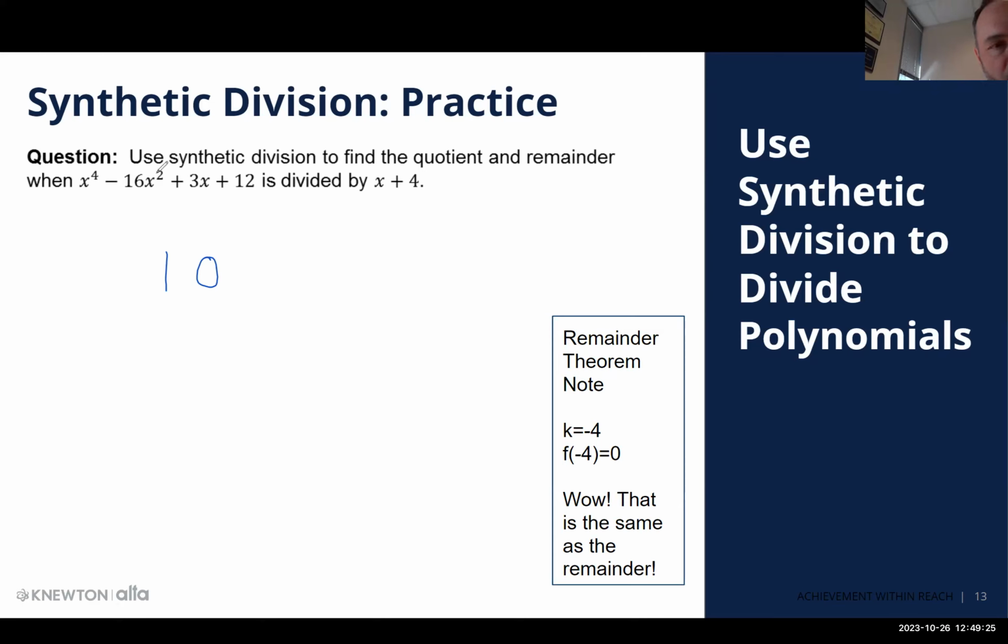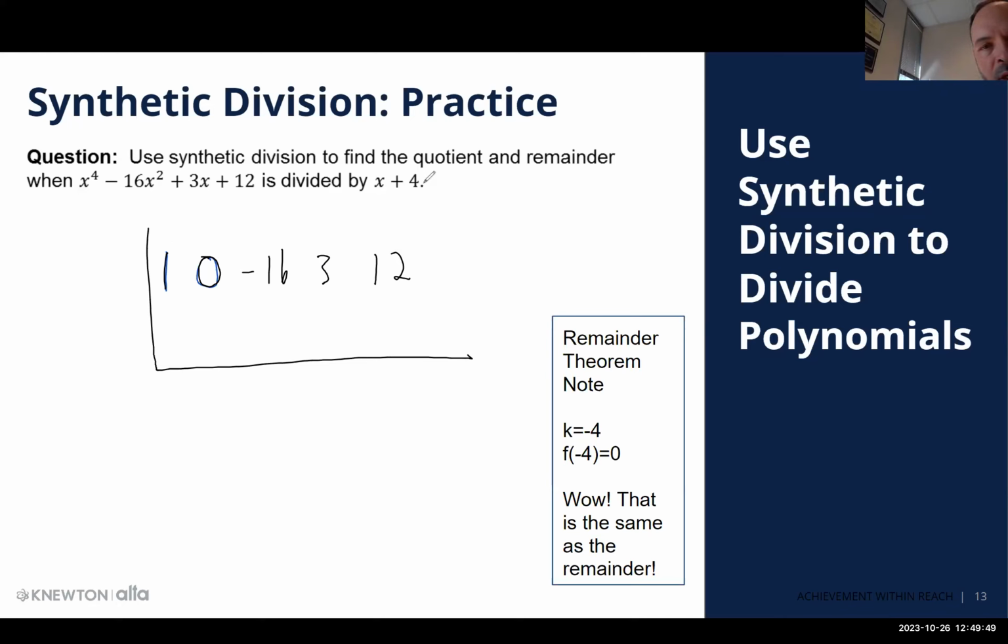So 1, 0. Then there's a second degree term, so that's going to be a minus 16. Then there's a 3, which is our linear term, and our 12, okay? And then I'm going to just make that divider there to help me do the division.